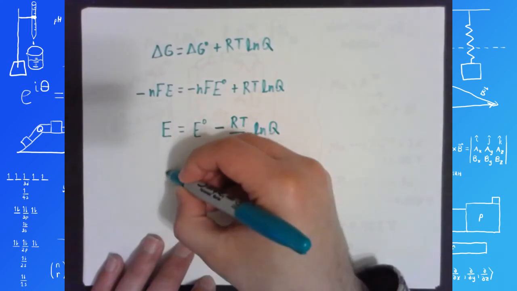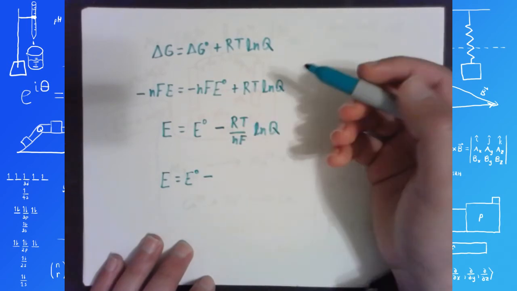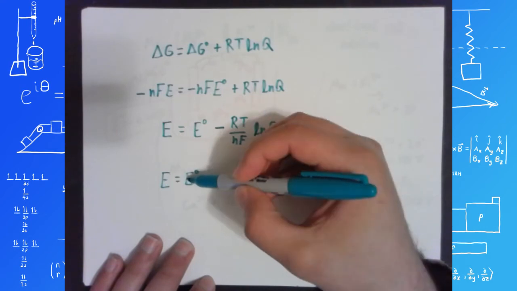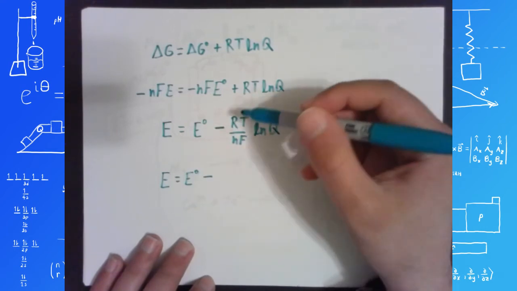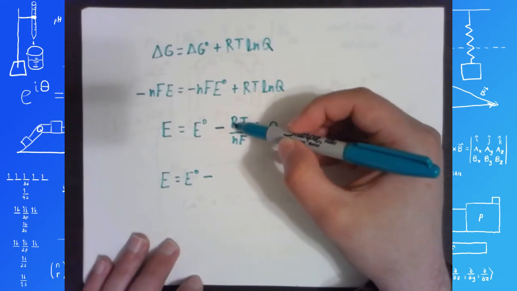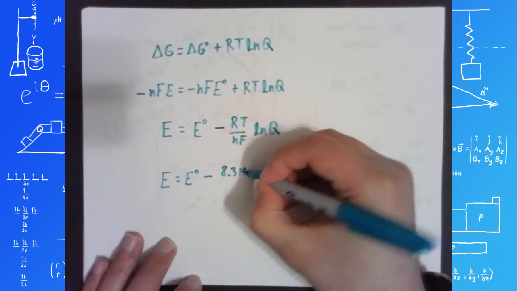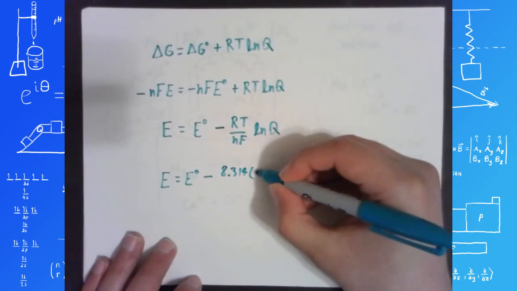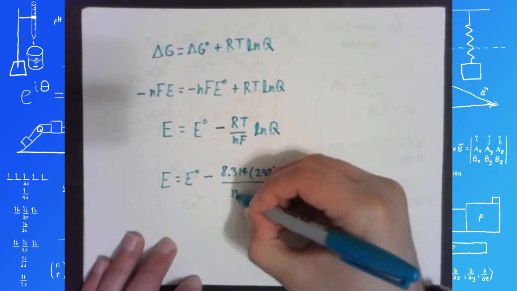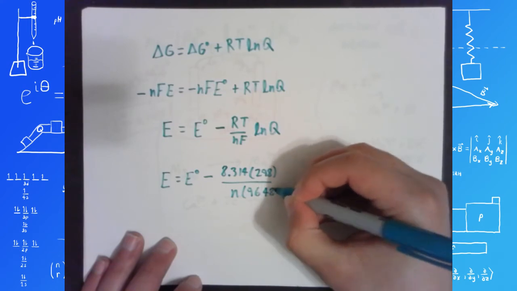So you'll get E equals E standard minus, since cell potentials are in joules per coulomb, the ideal gas constant is going to be in joules per mole Kelvin, which is 8.314. So that's 8.314 times the temperature, 298 kelvins typically, over N, and then the Faraday constant, 96,485.